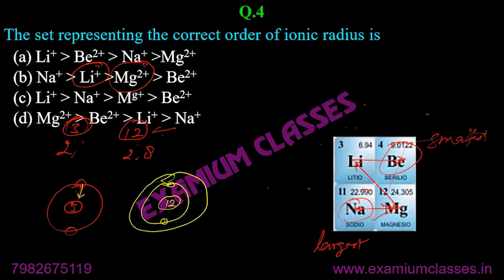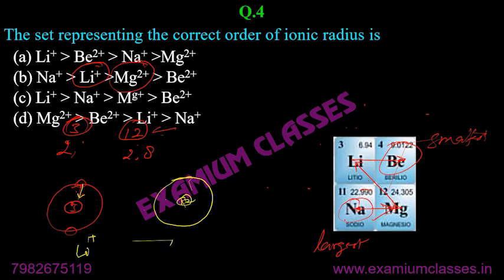Here you have 2, here you have 8. But these 12 protons attract these 8 valence electrons with such a greater force that effectively its size becomes less than lithium, which is something as an exception you need to remember.